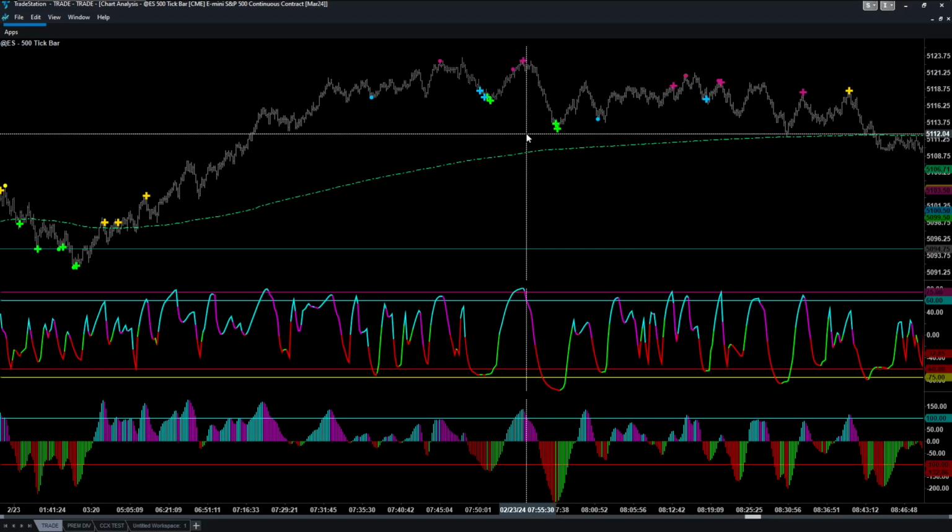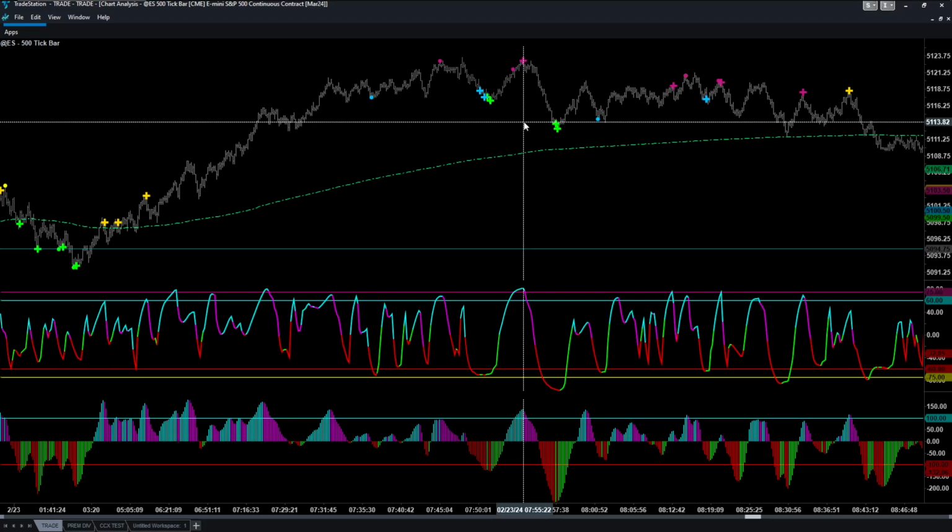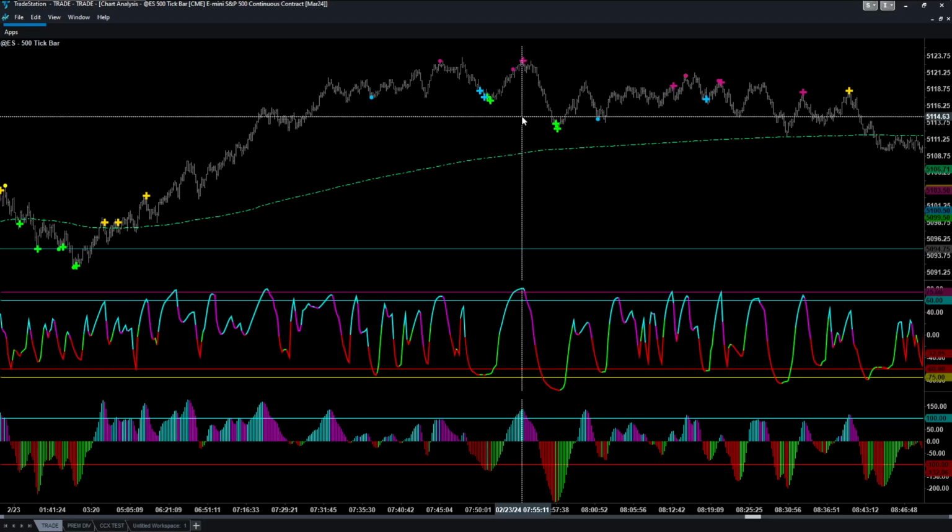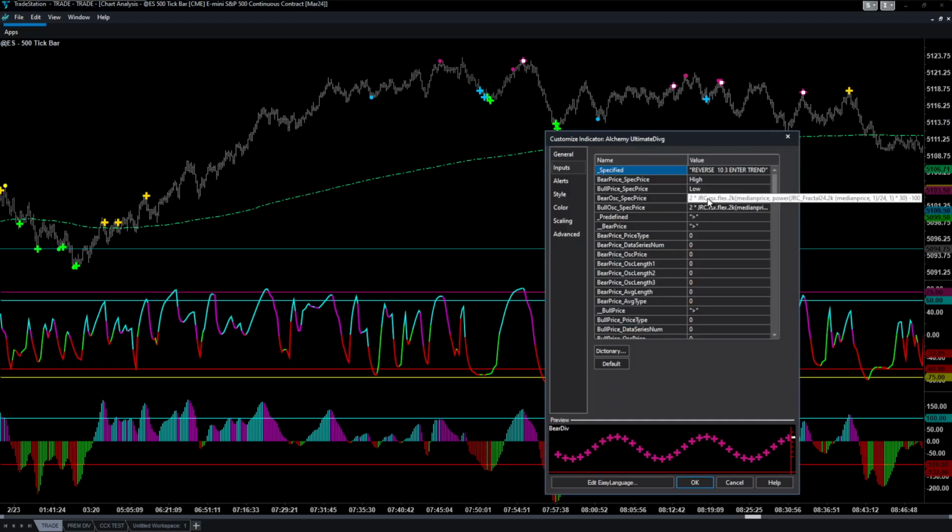Now let's identify exactly what's happening here with regard to the indicators. Now, if you go into the indicator itself to make sure that this will plot, you've got to have your formula in here, which we do.